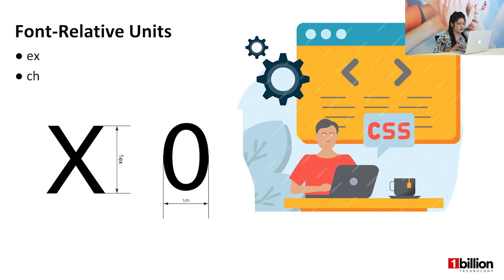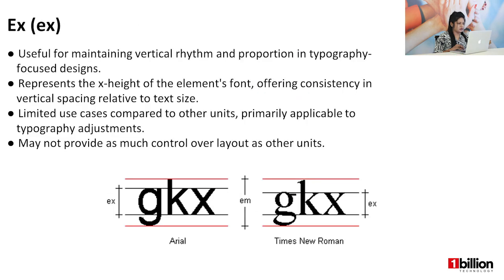The font relative units offer a unique way to size elements based on font characteristics, enhancing typography focused design. The first unit is EX. The EX units are particularly useful for maintaining vertical rhythm and proportion in typography focused design, as they offer consistency in vertical spacing relative to the text size.